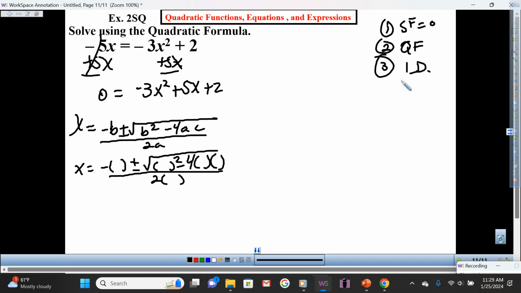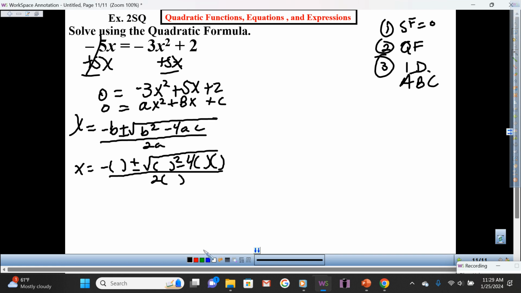ID. ABC. That is correct. Which means underneath here we write our standard form. What is our standard form? AX squared plus BX plus C, and all that equal to 0.